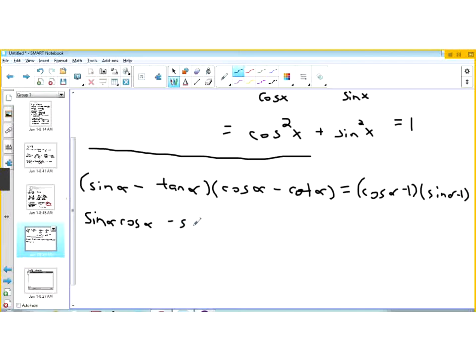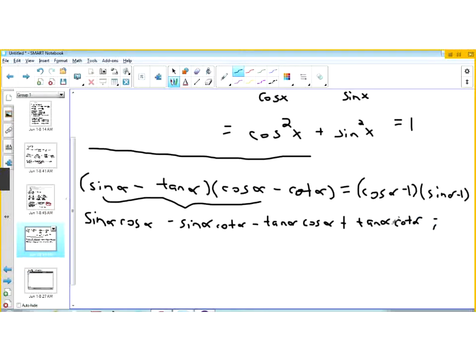Outer terms, that would be minus sine alpha, cotangent alpha, plus the product of the inner terms, so that would be tangent alpha, cosine alpha. And then the product of the last terms, that would be plus tangent alpha, cotangent alpha.